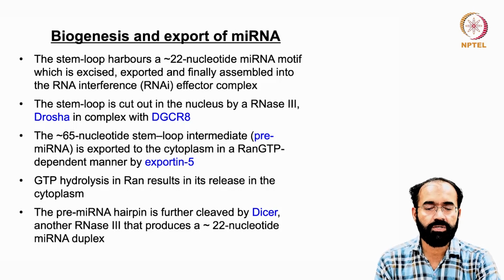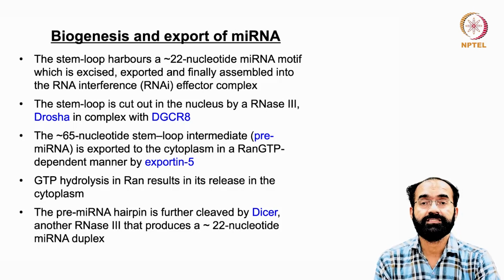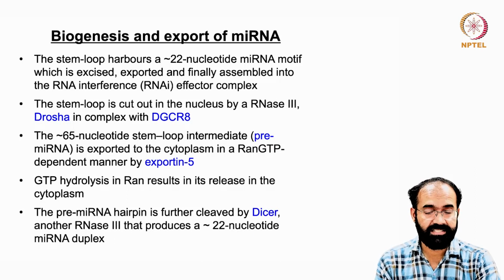Earlier it was pri-microRNA, and now after being cut by the RNase 3 Drosha and DGCR8, we call this product pre-microRNA, which is a 65 nucleotide stem loop intermediate.